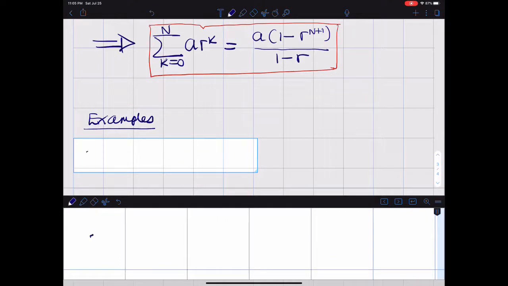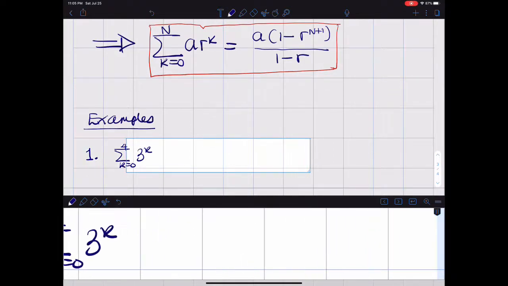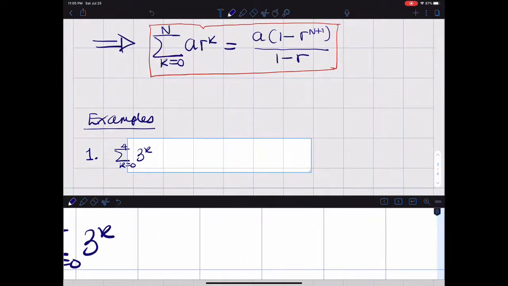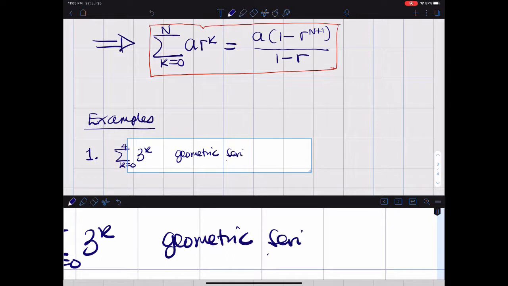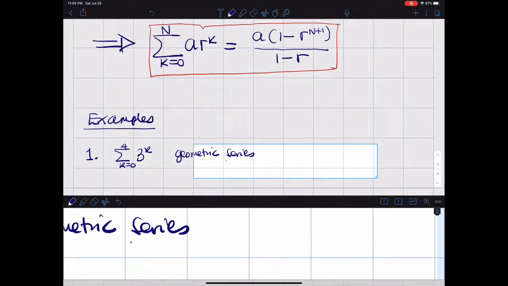The first one, summation k from 0 to 4 of 3 to the power of k. So this is a geometric series with a equal to 1 and r equal to 3.